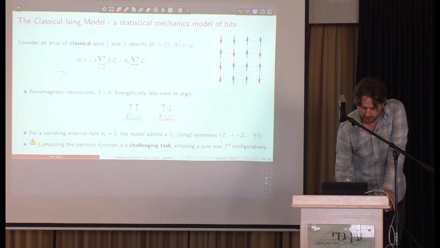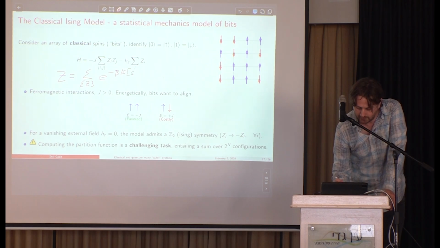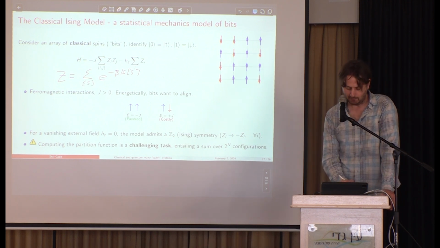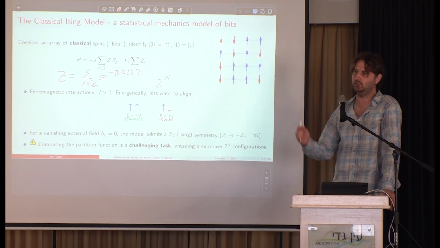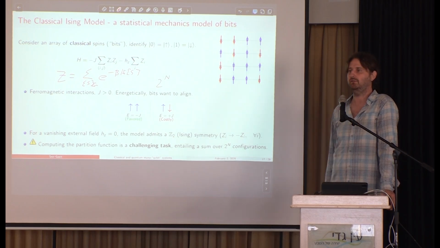So the partition function Z is the sum over all possible spin configurations of e to the minus beta times the energy of this specific spin configuration. The number of spin configurations goes as 2 to the n, so you would have to sum over 2 to the n factors.